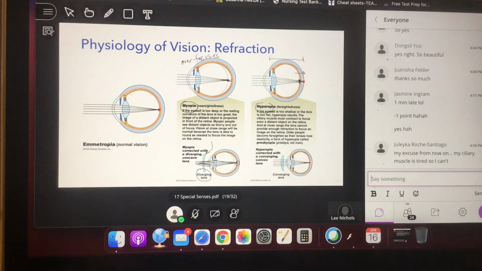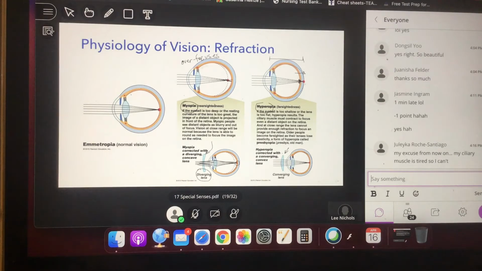It's not fully focused. So that's what we call farsightedness. And we use a convex lens that helps the lens do what it's not able to do as much without it. It brings the light beams a little closer together before they enter the lens. So these are ways of helping the lens.